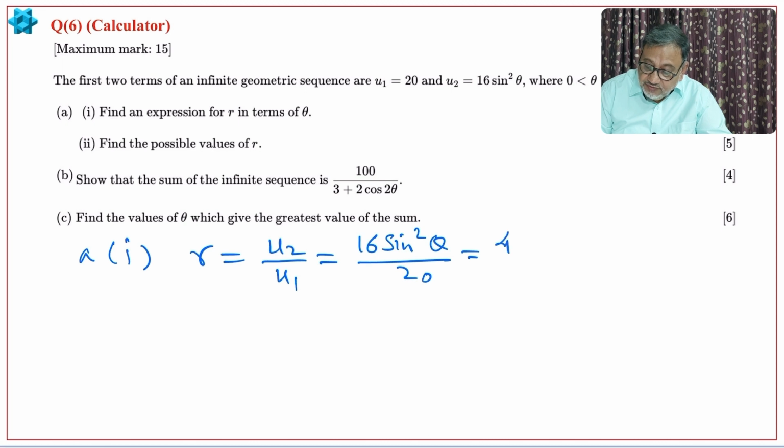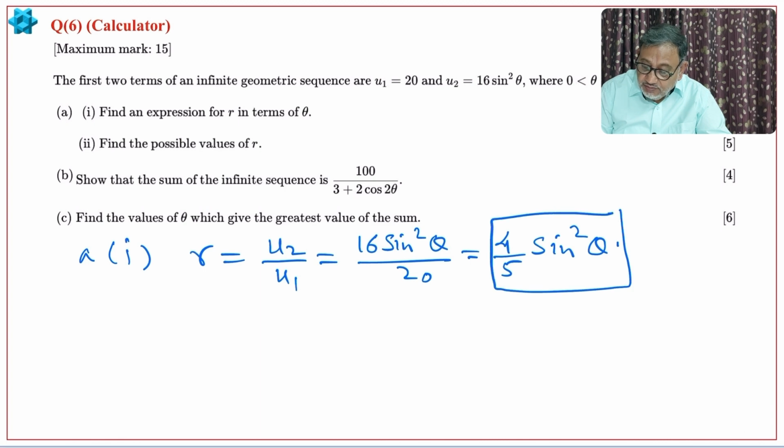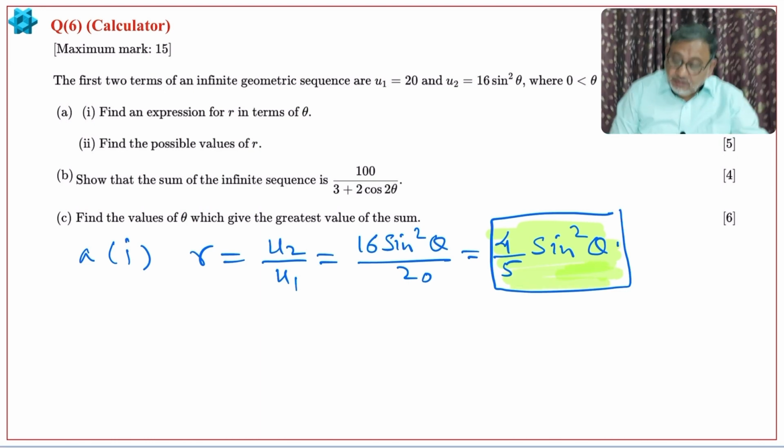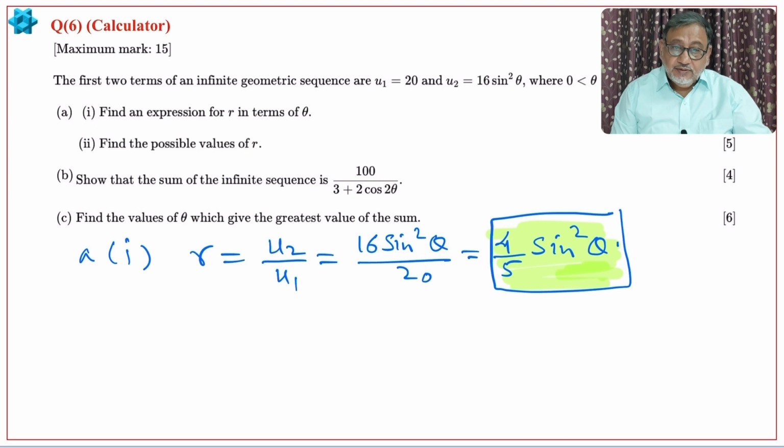So dividing by 4, 4 by 5 sine square theta. This is the value of r. So that was what we had to find.